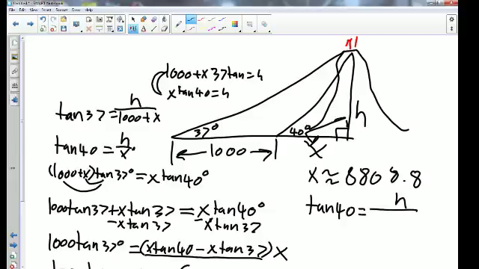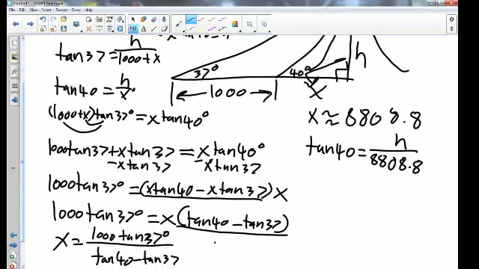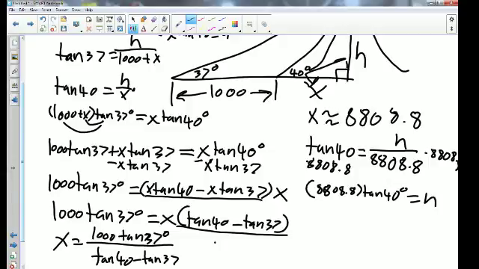But now we know what x is, 8,808.8. So you just convert that back to the same thing we did earlier: 8,808.8 times tangent of 40 is equal to h.